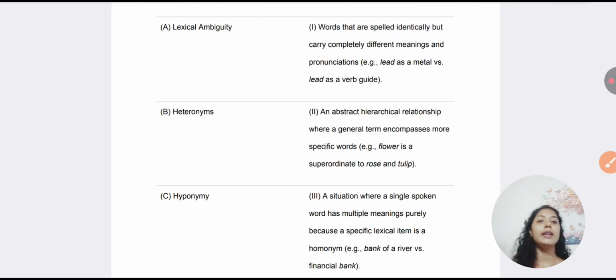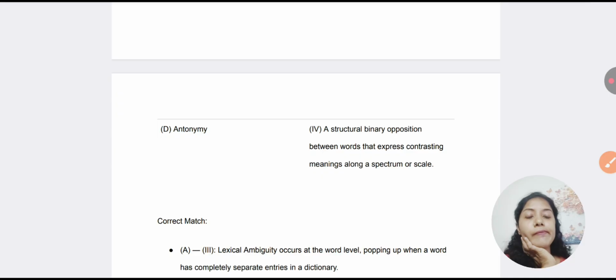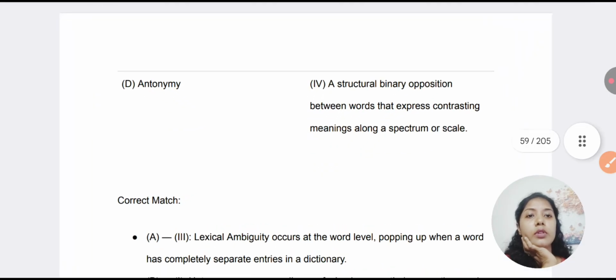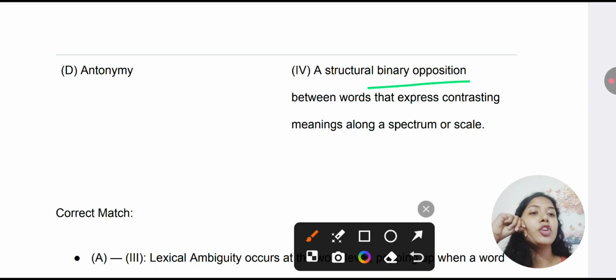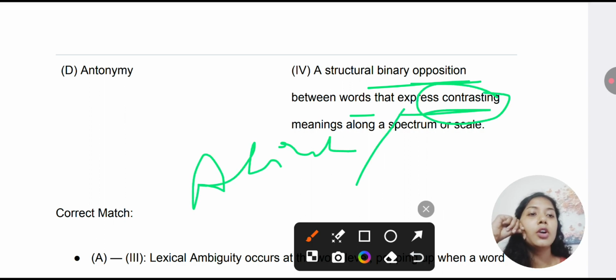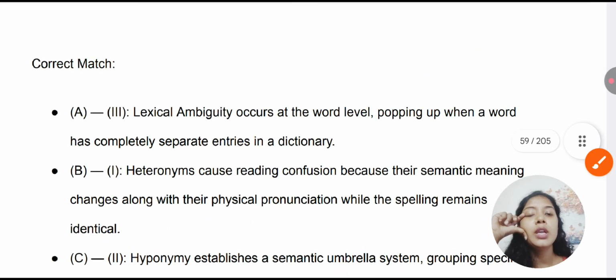See these first three: lexical ambiguity, heteronyms, hyponymy, and the last one was antonymy. तो एंटोनिमी का आंसर यहाँ पे बिल्कुल सामने है. Antonymy is a structural binary opposition between words that expresses contrasting meanings like alive and dead, hot and cold, opposite words which we have studied in our school. A you can match with the third.